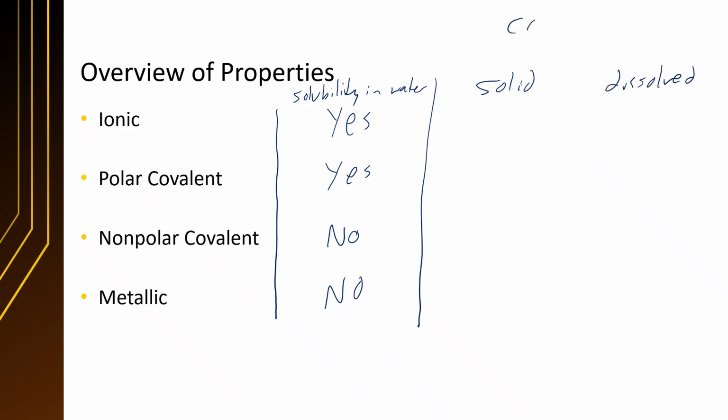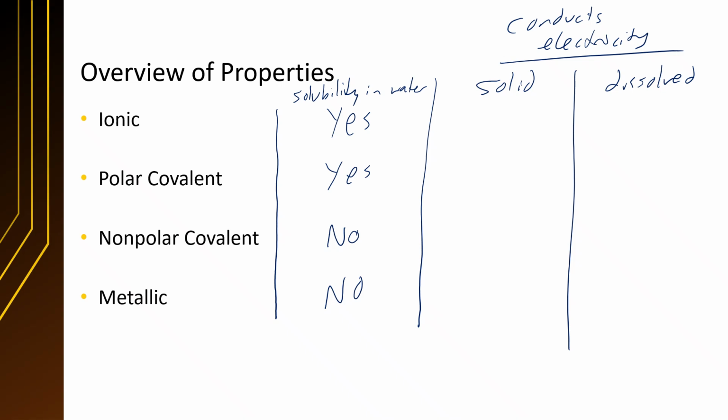And we'll say conducts electricity. So the only compound that can conduct electricity when it's still a solid is a metallic substance because the electrons are free to move. So ionic compounds cannot conduct as a solid, polar covalent cannot, and nonpolar covalent cannot. None of those can conduct electricity when still in the solid form.